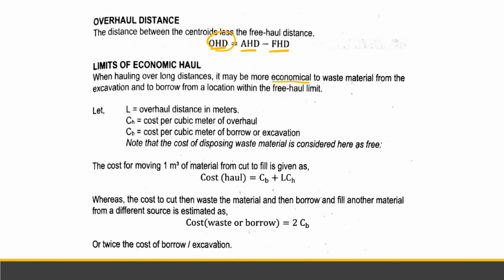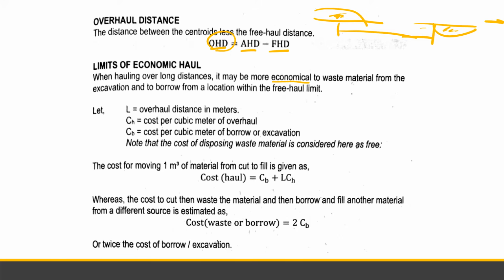Even though, for example, from a point there is a lot of soil piled here and you need to fill something at another point, the distance is too far, so it is not economical.